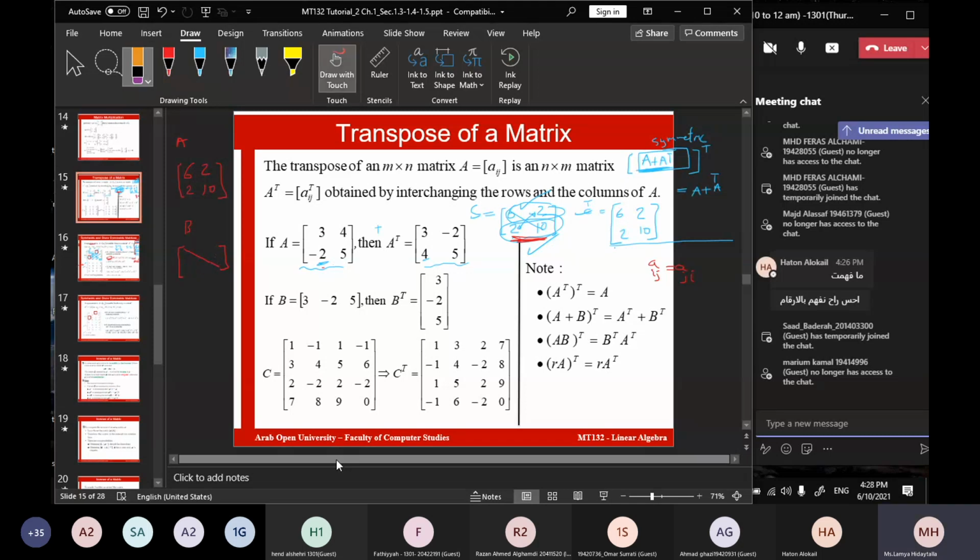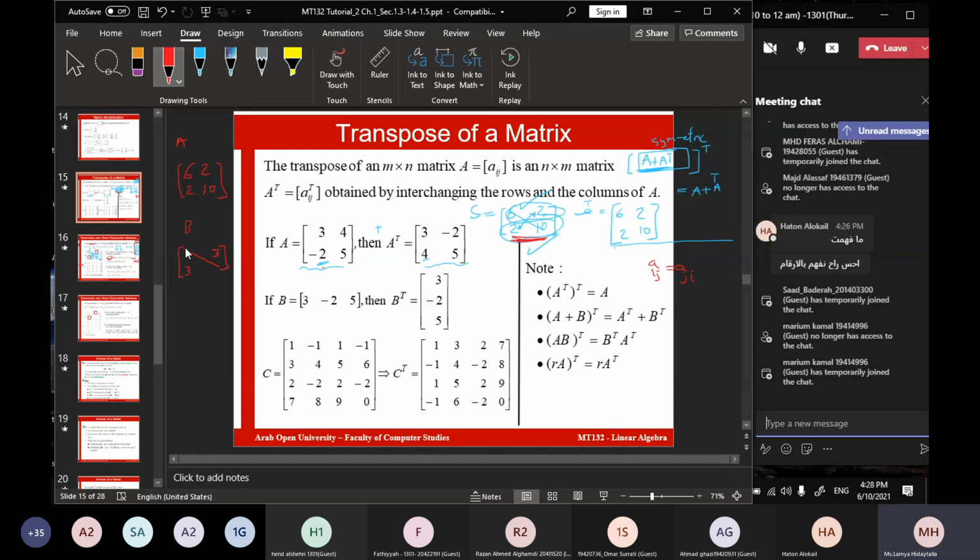So if this is 3, then this should be 3. Here what should I put? Any numbers, even 1 and 2, no problem, because this is A11 and this is A22. So for the numbers on the diagonal there is no problem. You can take any two numbers. So if you check, this one is symmetric and this one is symmetric. Now multiply A times B and multiply B times A and then add them up.